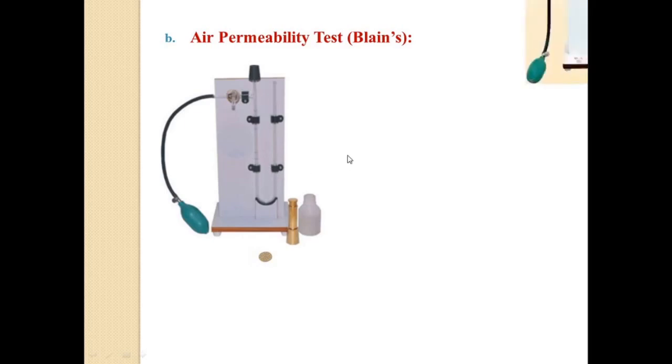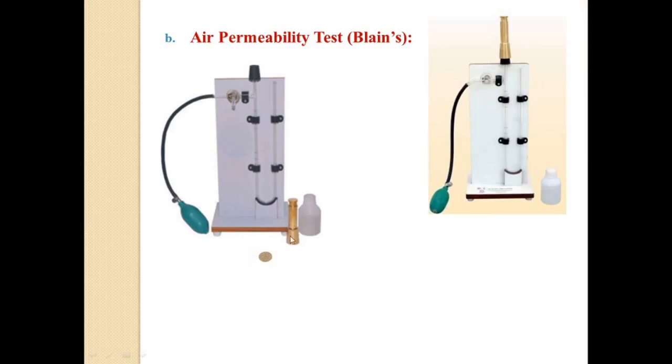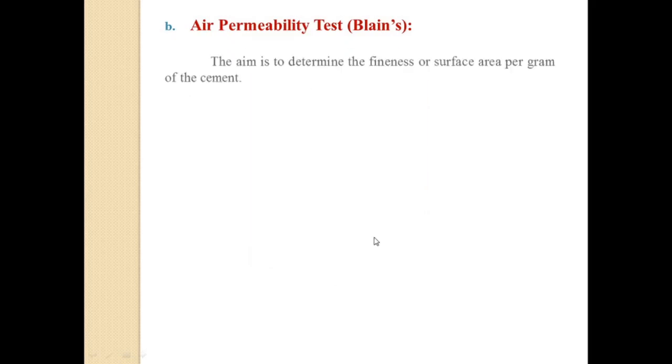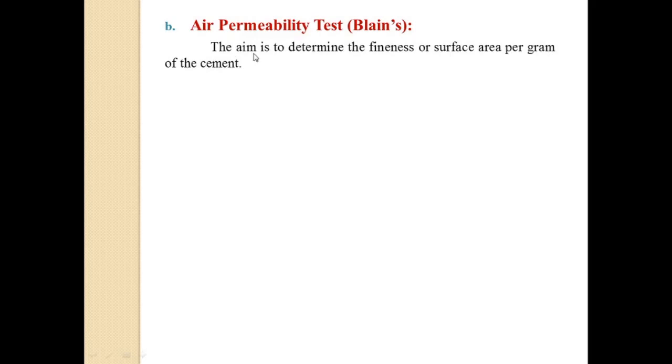Here we can see the permeability cell is kept at the top of this cork. Let us see the main aim of this air permeability apparatus, that is, to determine the fineness or the specific surface area per gram of cement.